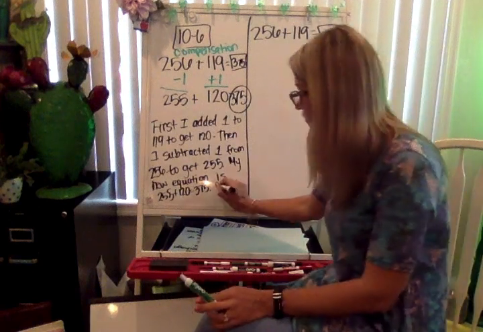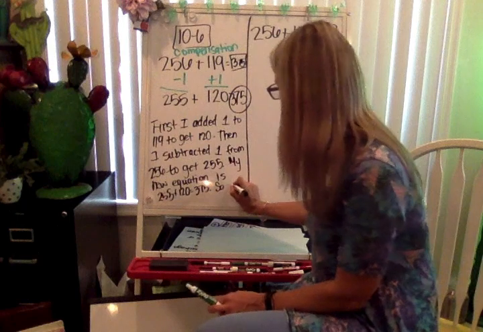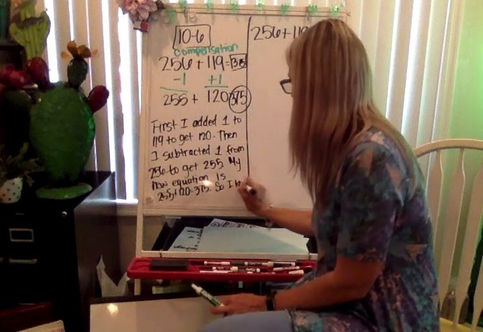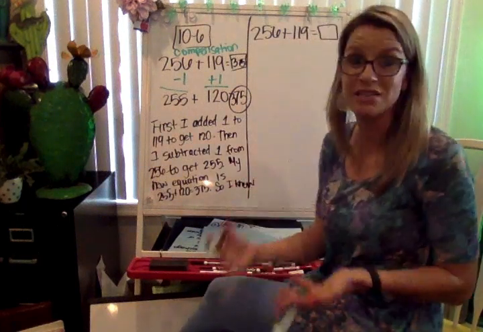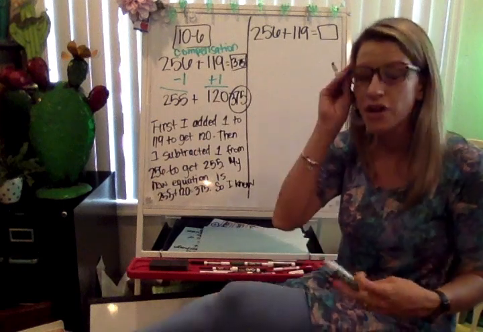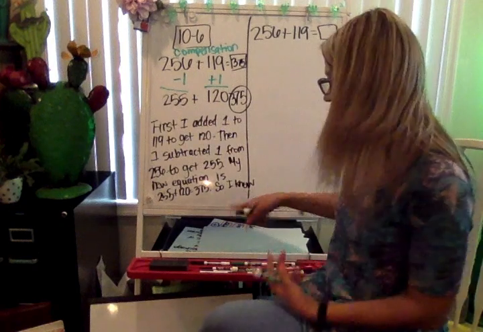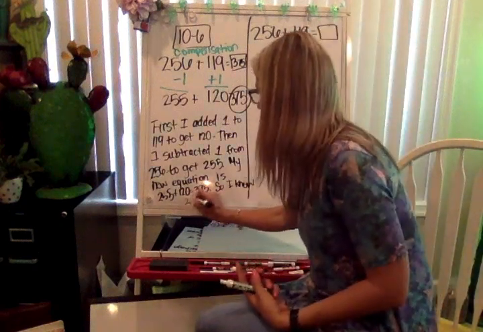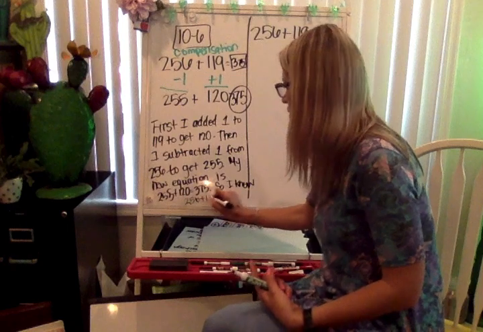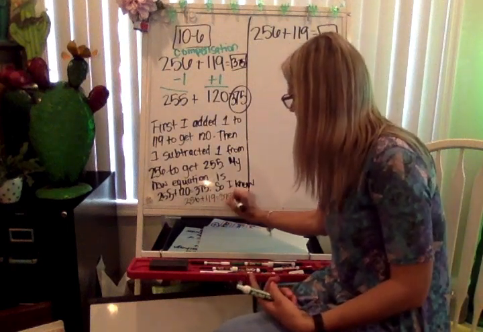So, I know that 256, and I know this looks like a lot of words, but you have to be able to explain. Part of using these different strategies, you have to understand why they work and why they make sense. So I know 256 plus 119 must equal 375.